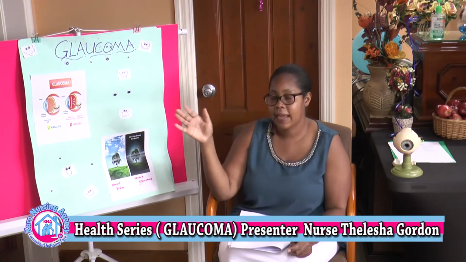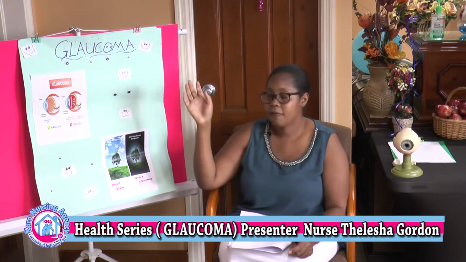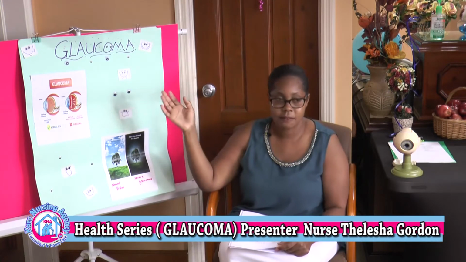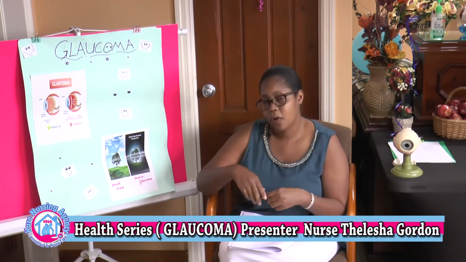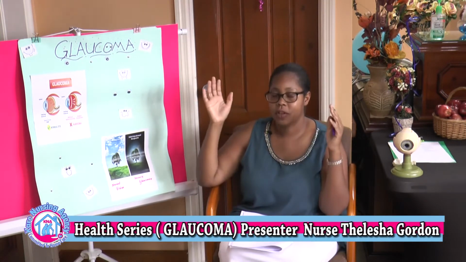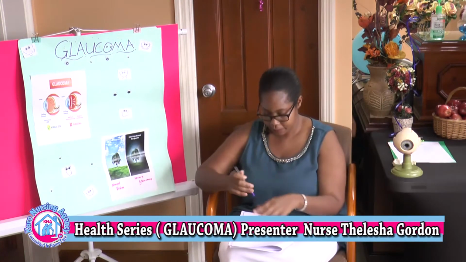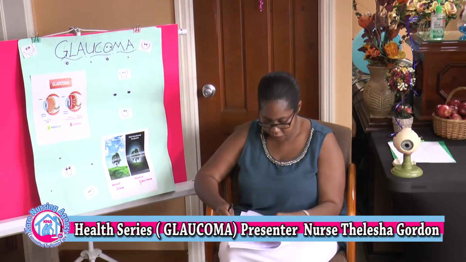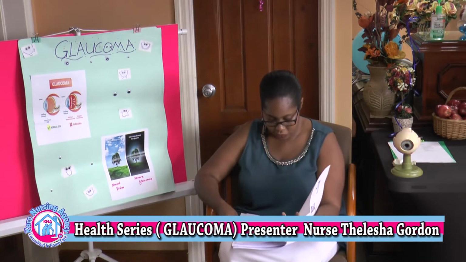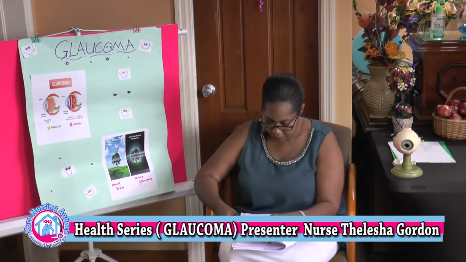So it gives you an idea of how far, or if you have lost any vision to the side. Because remember, glaucoma takes away the vision from the peripheral, from the side, not central. So that was the visual field test, the confrontational test.